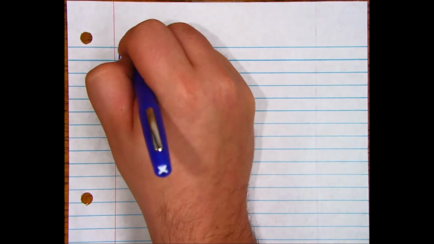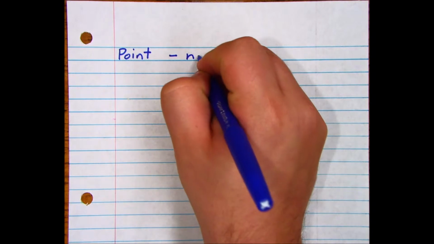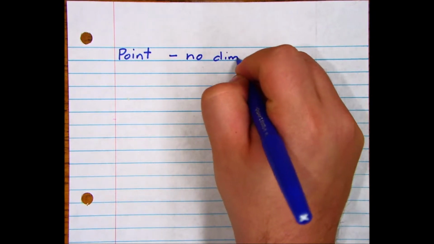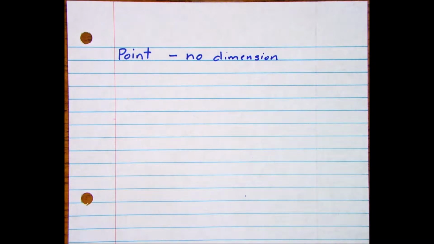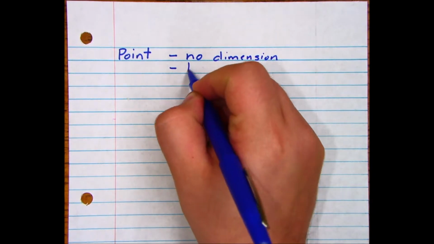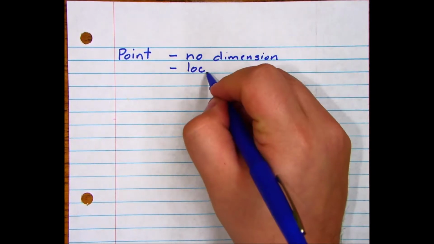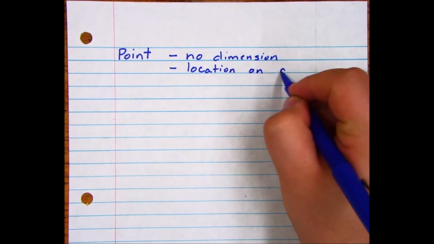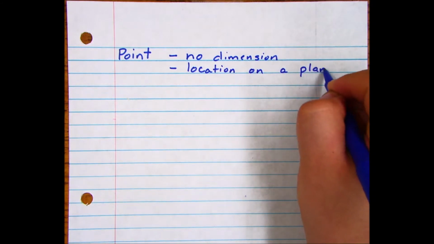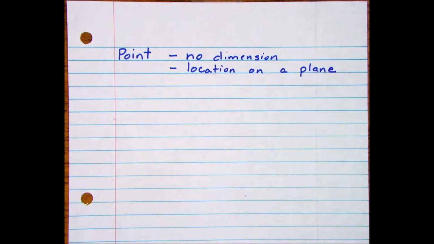Now, a point, first and foremost, has no dimension. It is simply a location on a plane, or simply just a location.